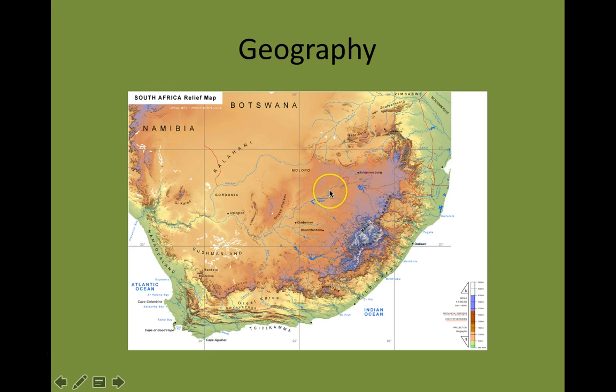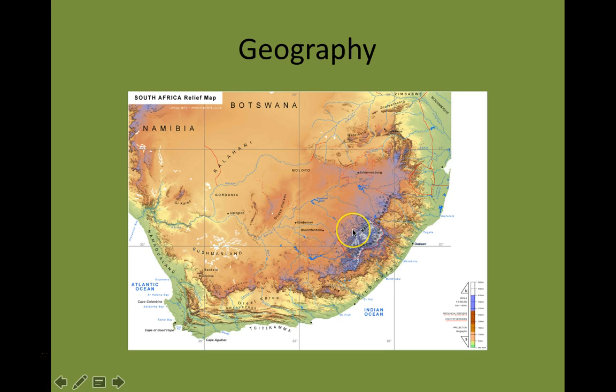Historically, with the settlements of the Dutch-origin Afrikaners, they formed two republics, one called the Free State, which is here, and then the other one called the Transvaal, meaning the area across the Vaal River up here into this part of South Africa.